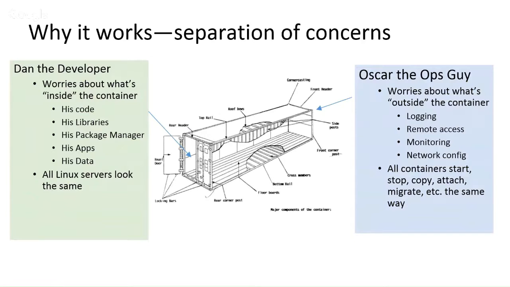He has to worry about how to manage the logging, monitoring, how to manage these containers, things like that. And he doesn't have to worry about what's inside the container. He doesn't have to know about that. He just has to run it, and that's how Docker is used to separate the concerns between development and operations.